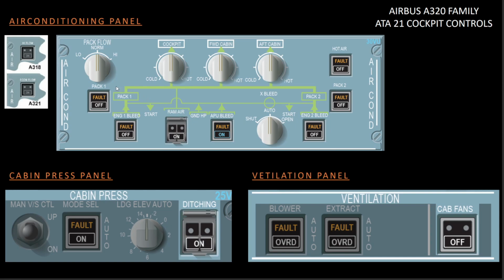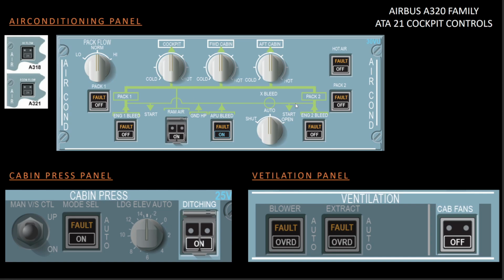And there is another scenario which will close the flow control valve, in case the ditching push button is selected on. That means the ditching push button on the cabin pressure panel is selected on, again both the flow control valves will close.